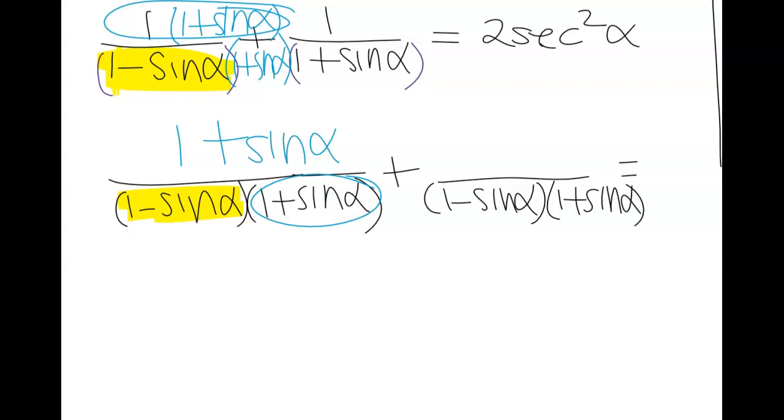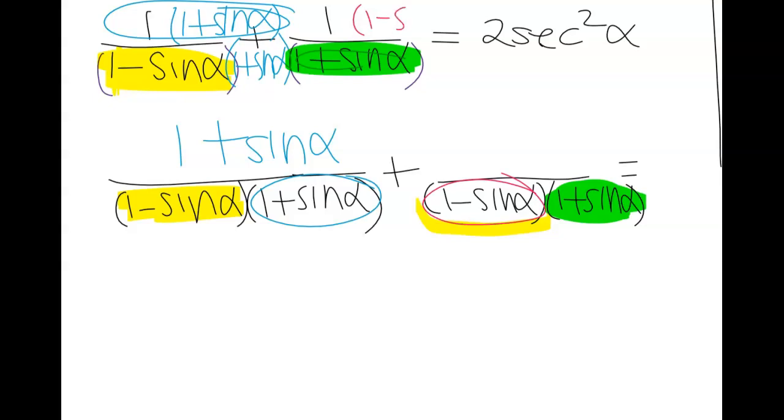Second fraction: we have that denominator originally, 1 plus sine of alpha. And so the part of the denominator that is missing is the product of the other binomial, so that's what we're going to use to multiply top and bottom: 1 minus sine alpha.